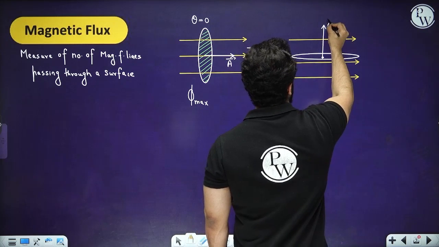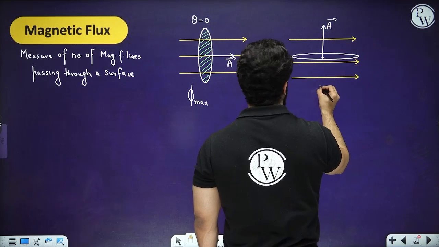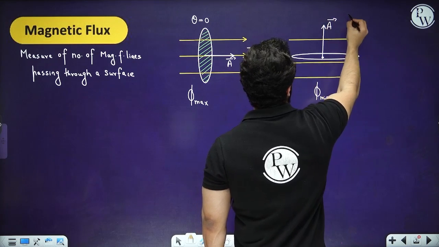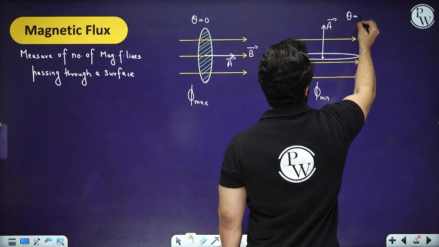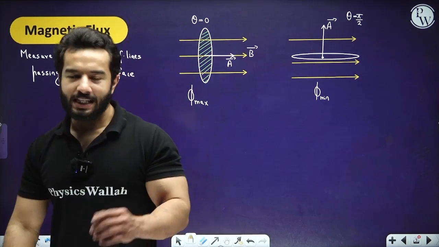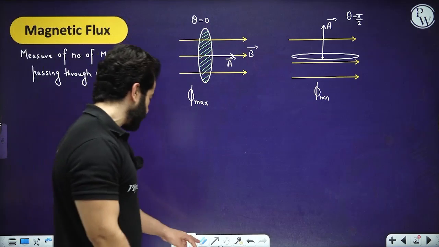That means in this case, magnetic flux will be minimum. Here the angle is 90 degrees.